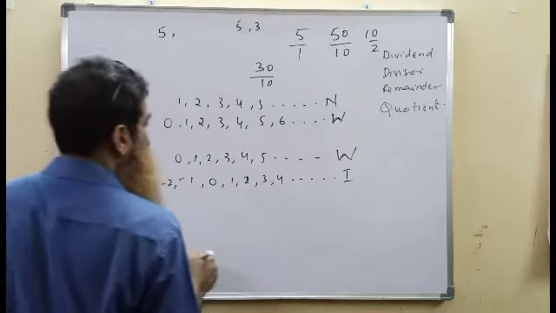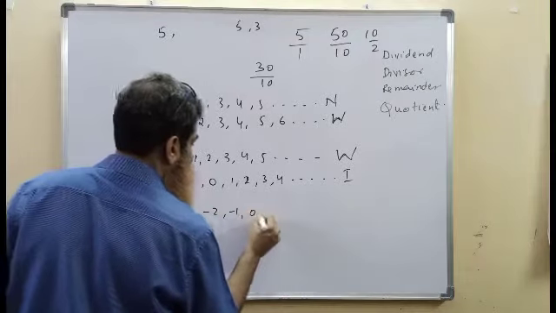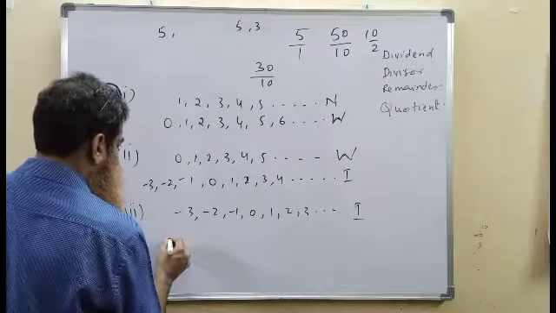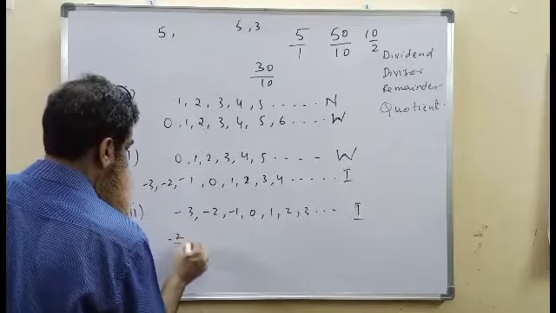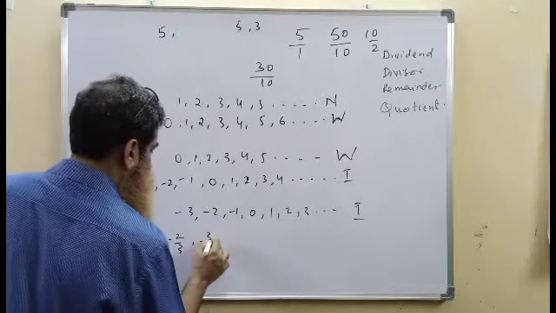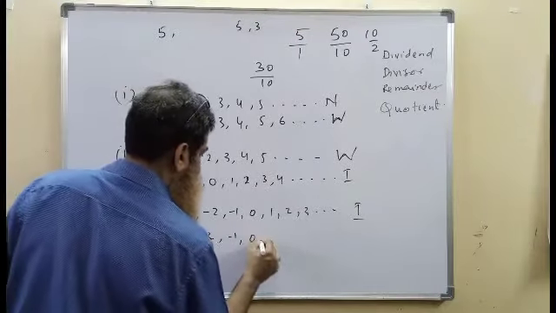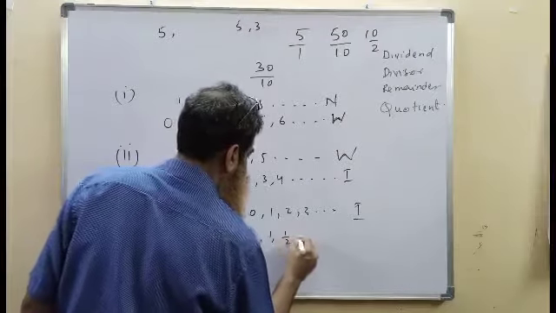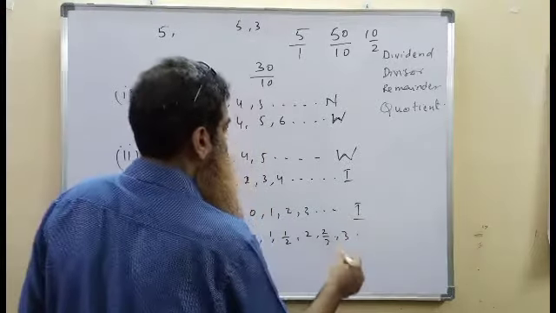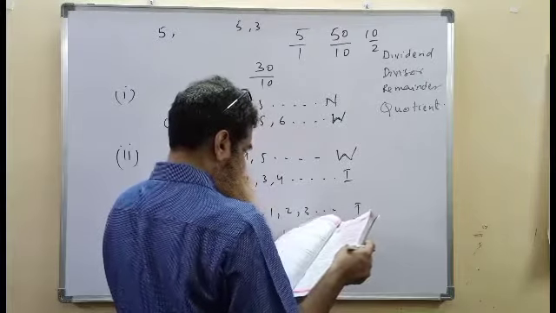As you can see, again, if we write the list of integers, then rational numbers can be, so these are the list of rational numbers denoted by Q.